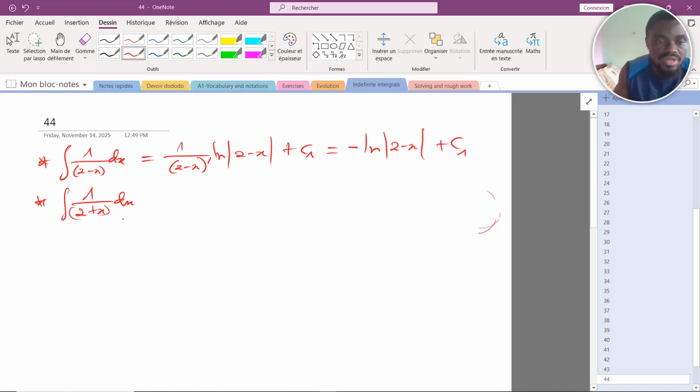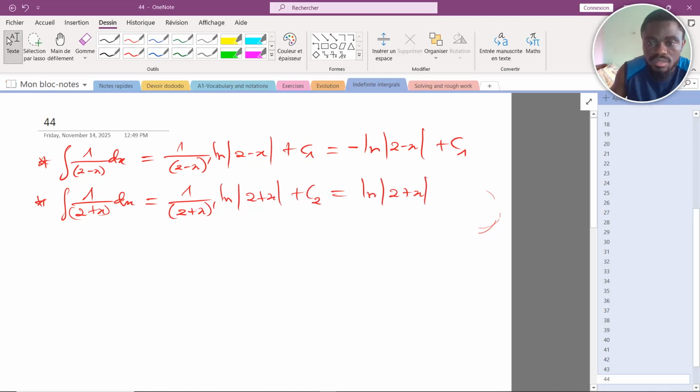When I integrate this, this will give me 1 all over 1 times ln of the absolute value of 2 plus x plus a constant c2. When I differentiate this, it is 1. So this will be equal to ln of the absolute value of 2 plus x plus our constant c2.